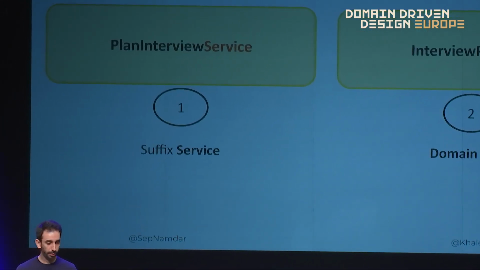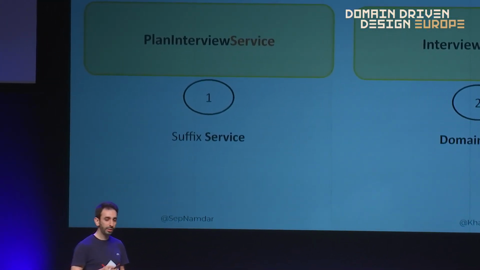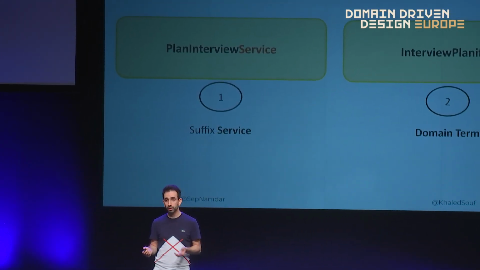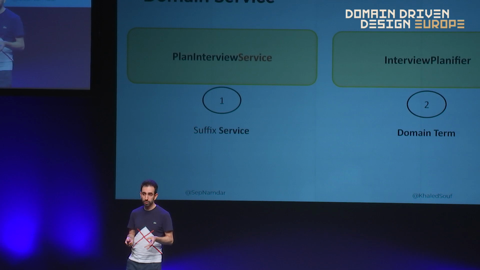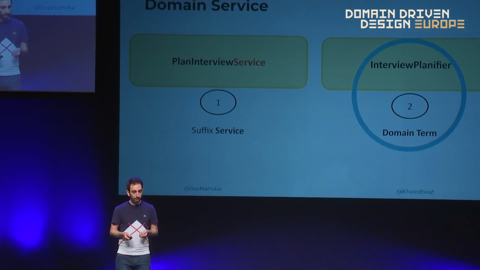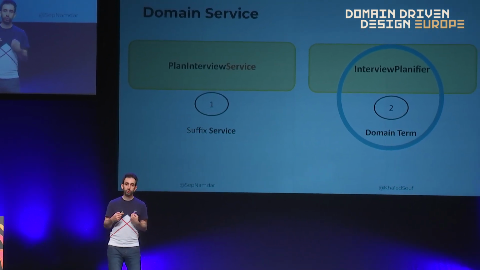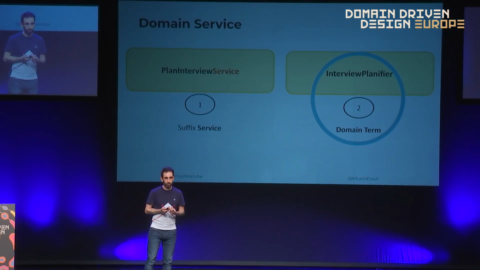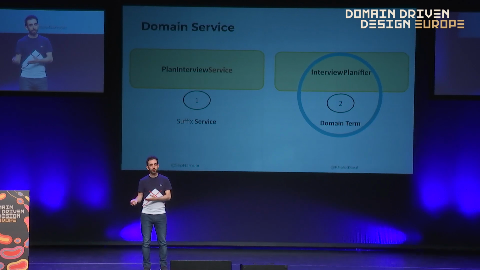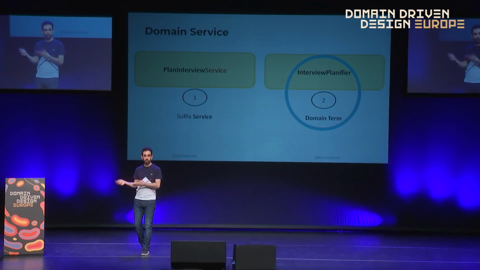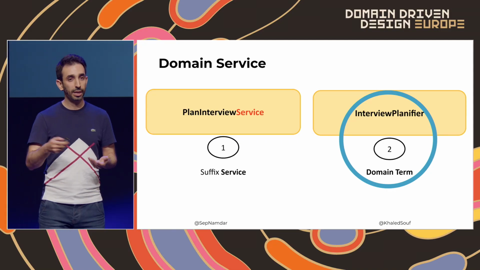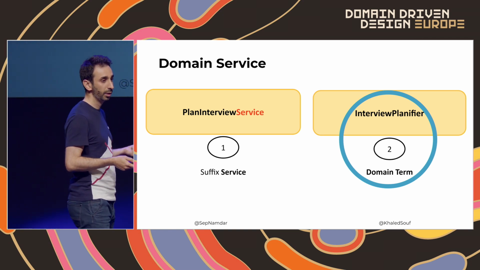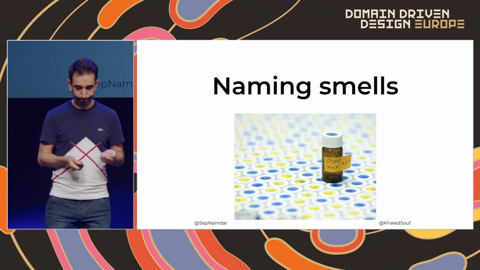Domain service is a kind of service that does something special in my domain. So again, we choose to go for a domain term, which is interview planifier. So I can understand that this service could help me to plan an interview. And again, the first suggestion could be a kind of disinformation.